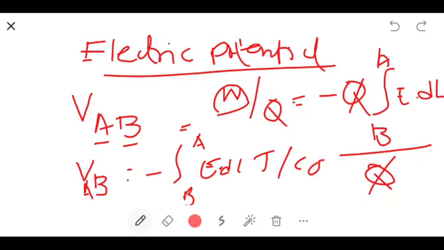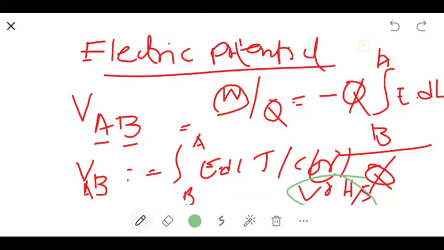Normally we say voltage, and that voltage comes from this: work done in moving a unit positive charge against the electric field is known as electric potential. That is VAB equal to minus integral B to A E dot dl joules per coulomb or volts. The unit of electric potential is volts.